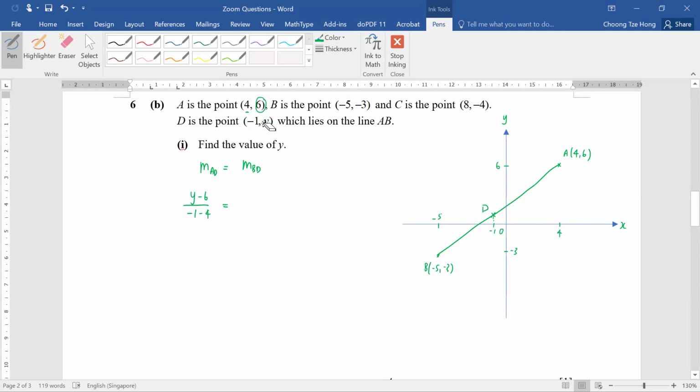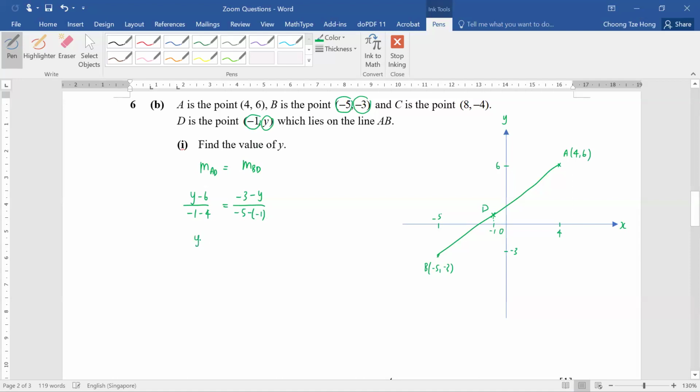We can always switch it around. So for point B, we want to use this as y2 minus this one, we can always do that. So let's try: (-3 - y) over (-5 - (-1)).